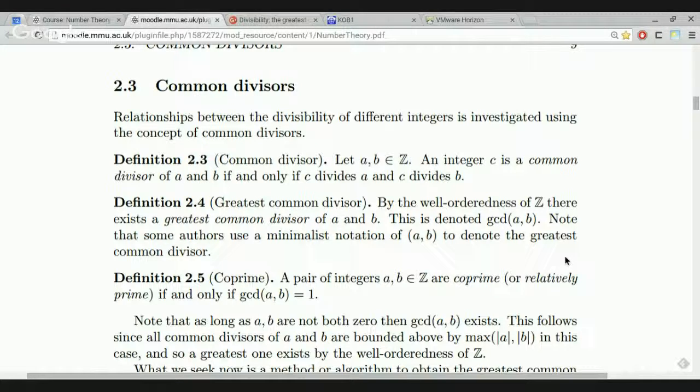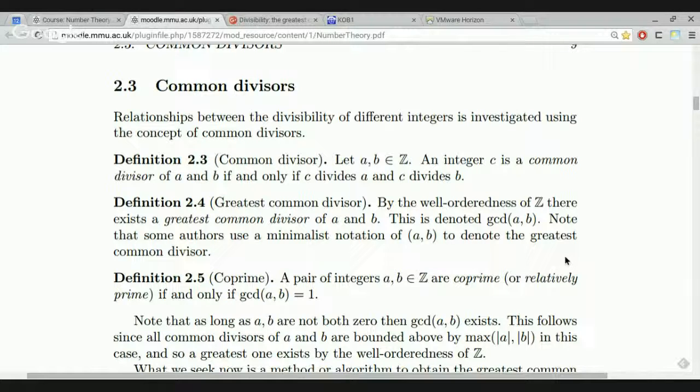Sorry? Yeah, well, the number 1 is always going to be a common divisor because remember we proved about divisibility that 1 divides everything. Or did we prove that necessarily? Yeah. So for all integers a, 1 divides a. Okay. So given any pair of integers, at least 1 is a common factor. Maybe there's other ones. So the set of common divisors is always non-empty for a given pair of integers.